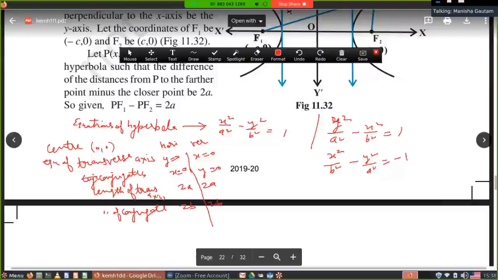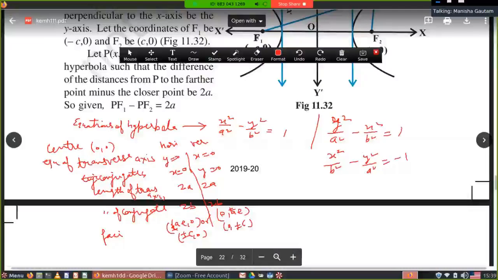If you are talking about foci, the coordinates of foci, as we know, are plus minus ae comma 0, or sometimes it is written as plus minus c comma 0. Plus minus sign should be there. Here also the plus minus sign is there: 0 comma plus minus ae, or 0 comma plus minus c.